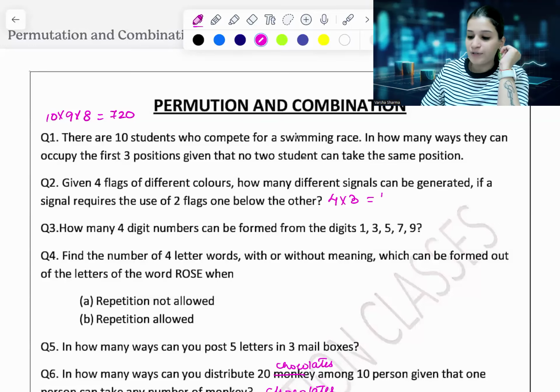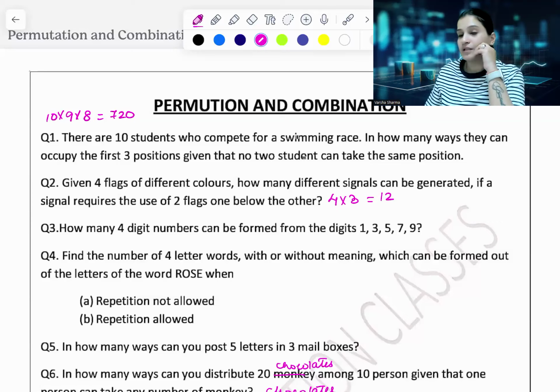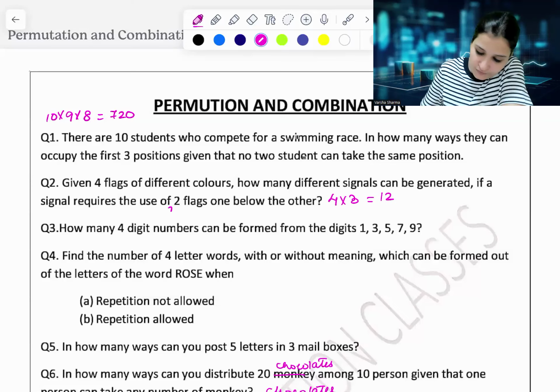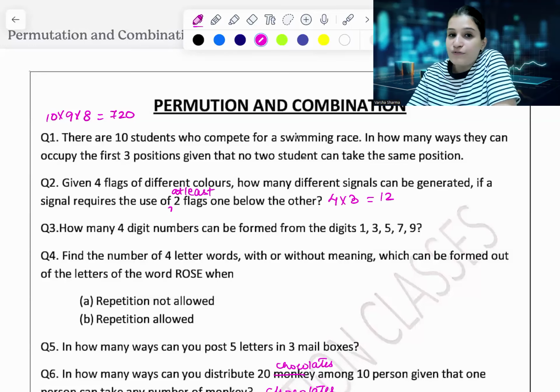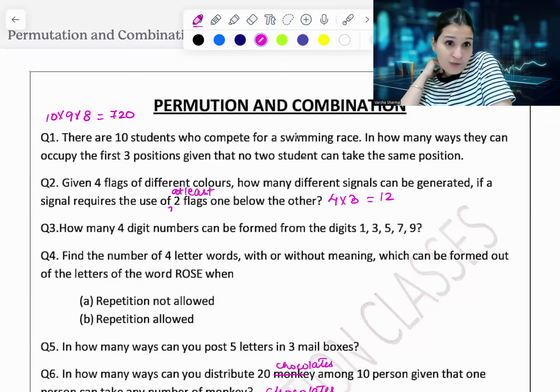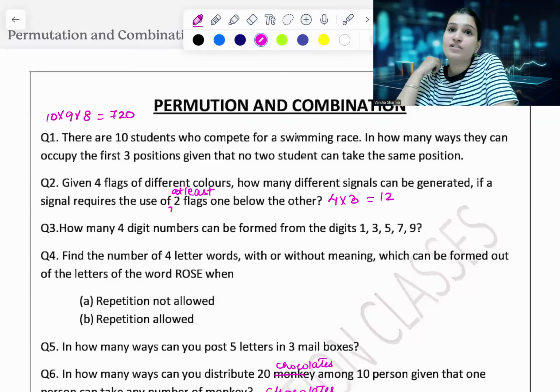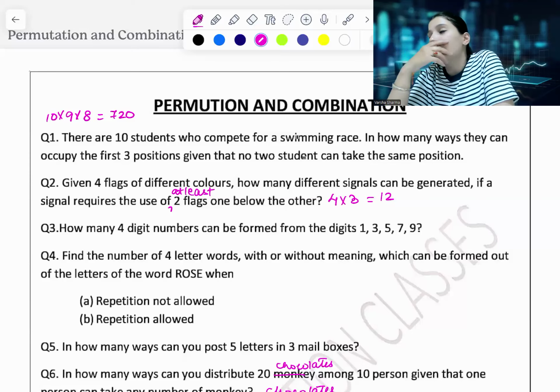So a total of 12, because in the signal 2 are to be used. Is it okay? Now, I would have added the words: given 4 flags of different colors, how many different signals can be generated if the signal requires the use of at least 2 flags? In that case, what will you do?